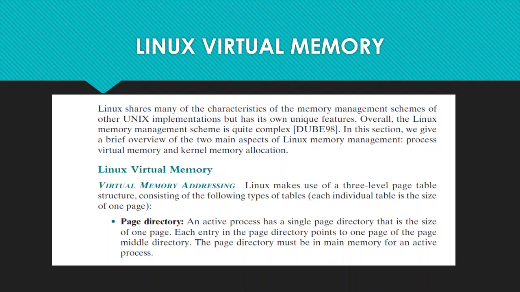This page directory must be in the main memory for an active process. So basically it says that Linux makes use of a three-level page table structure, and a page is just like, assume that it's one page of a book.